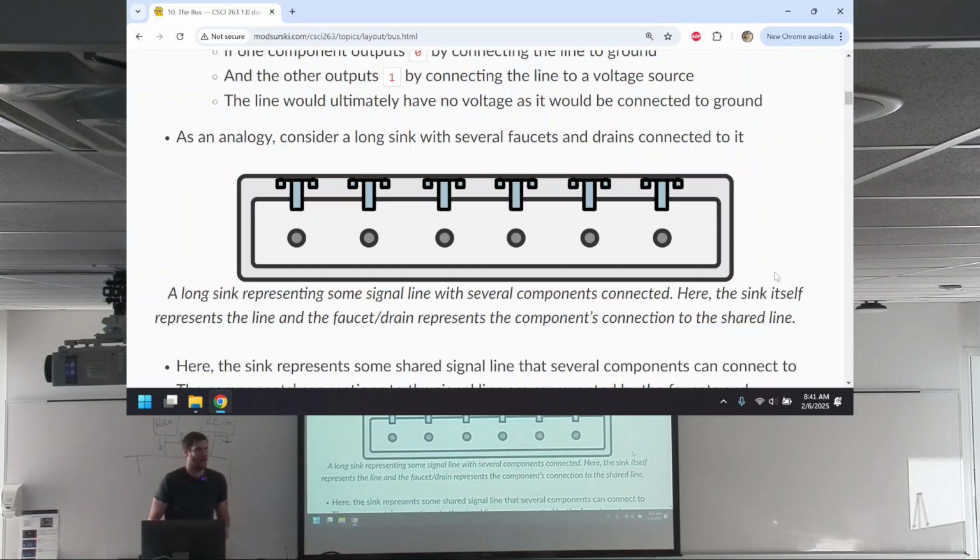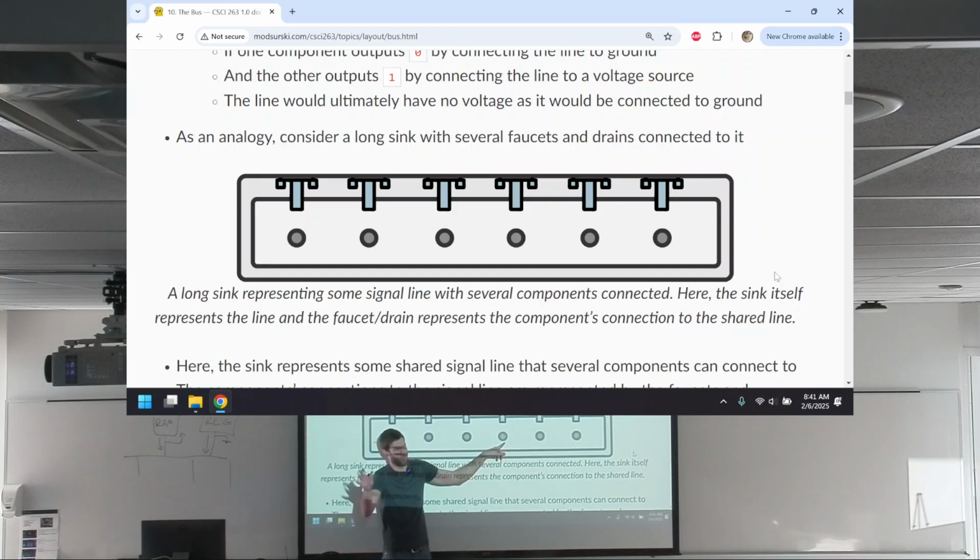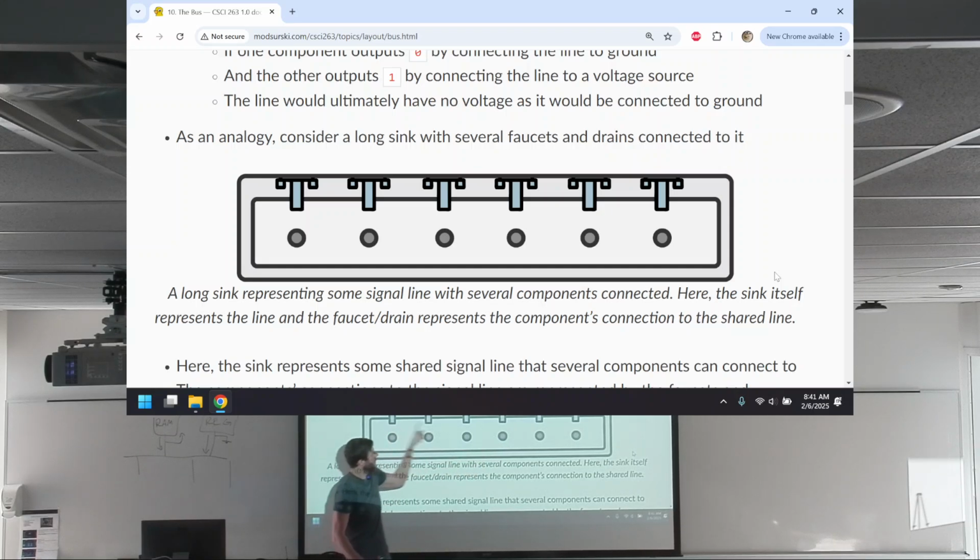If I want to put data onto the data bus, right? If RAM is outputting data, and this is like some output register where it can like output, like display data, I want this faucet on, and this drain open, okay?